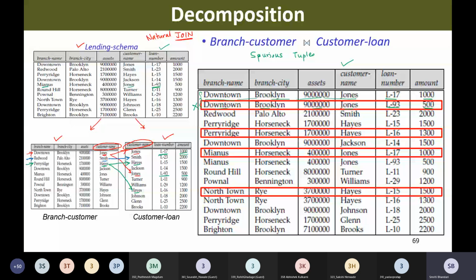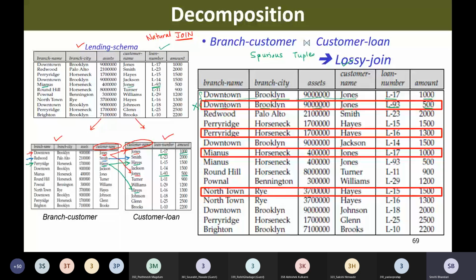We have some spurious tuples, and that is why we say that this decomposition, branch customer and customer loan, is a lossy join decomposition. We are saying that some information is being lost, or some information in this join is invalid, and that is why we say that this decomposition is lossy join decomposition.